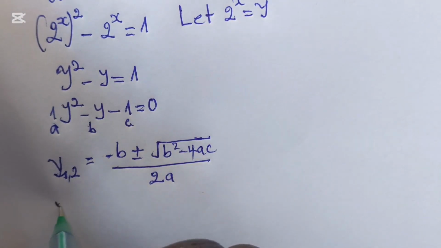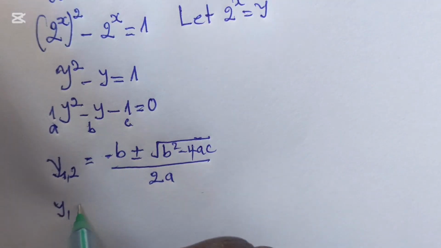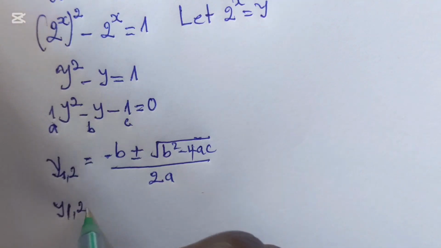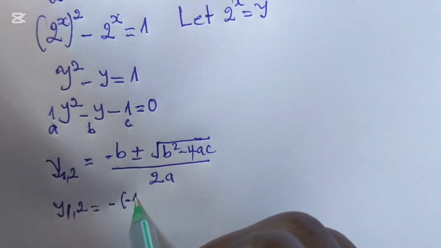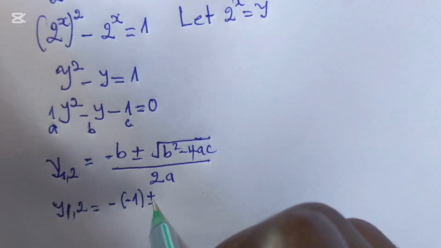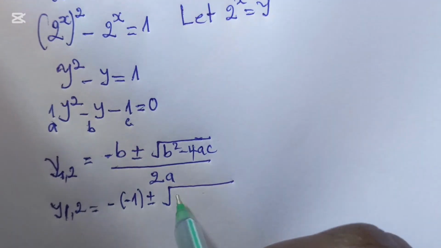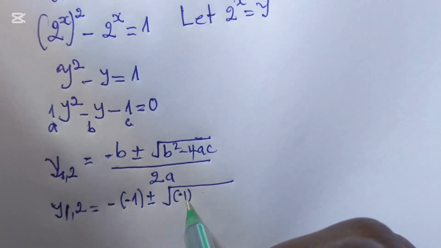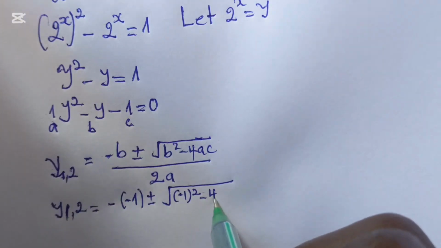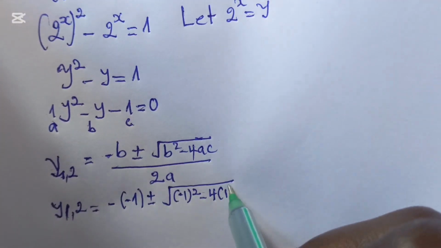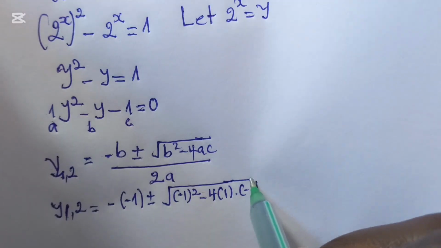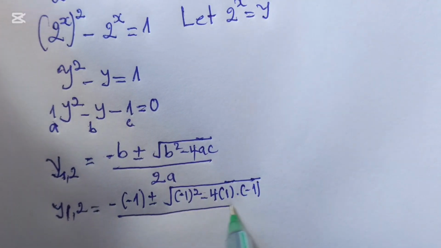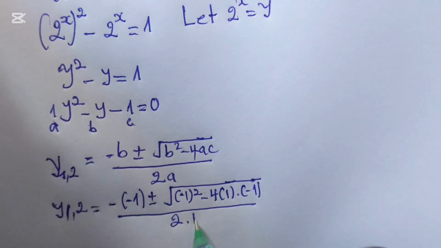Now at this stage, y1 and y2 would be -1 plus or minus the square root of -1 squared minus 4 times 1 times -1 over 2 times 1.